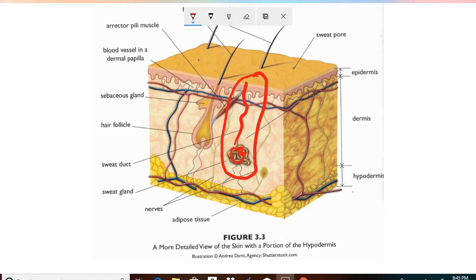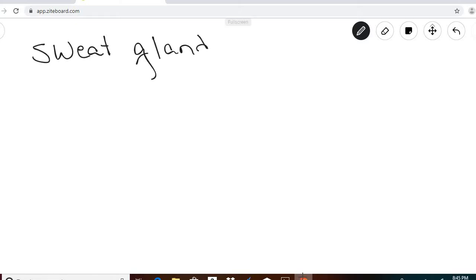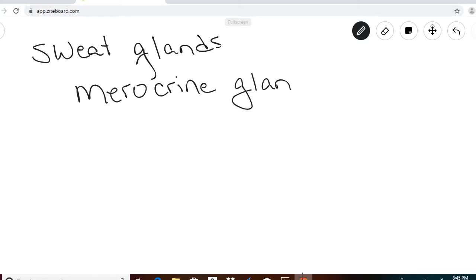So let's go ahead and review the types of sweat glands. Last time we learned that sweat glands are merocrine glands. So there are sweat glands that are found over most of your skin, and they are merocrine glands. They just secrete sweat.